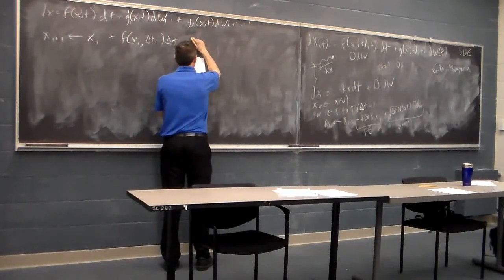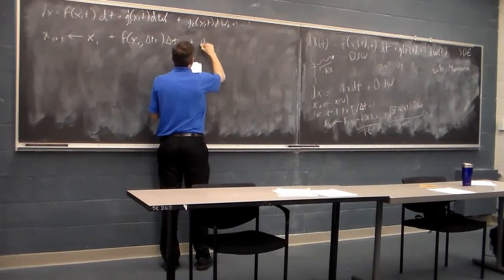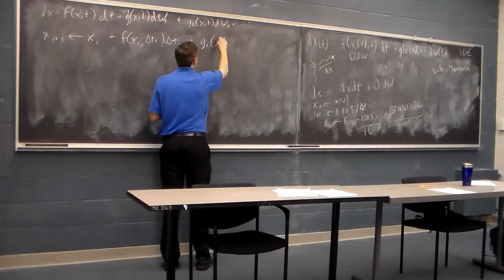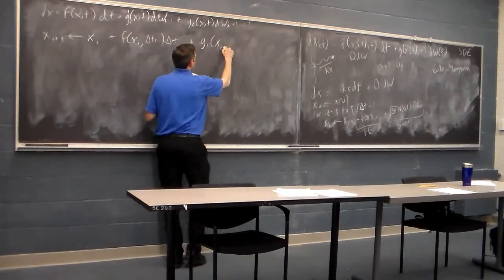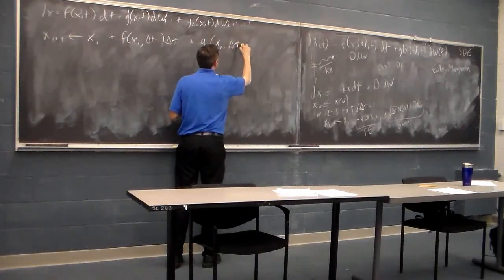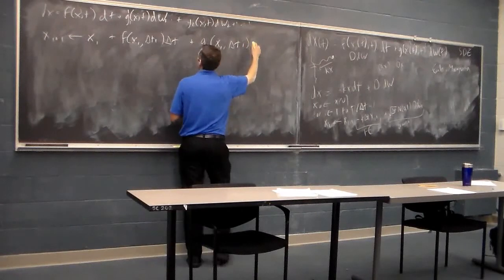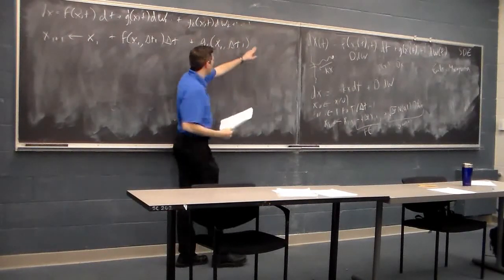So we would have g1 of x_i, t_i times, and what should we put here?